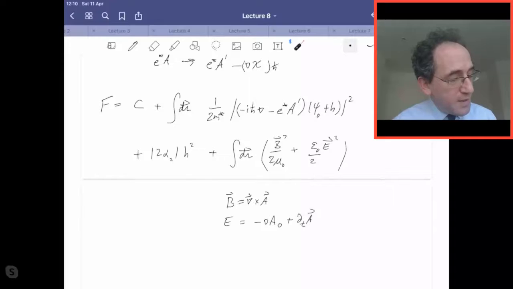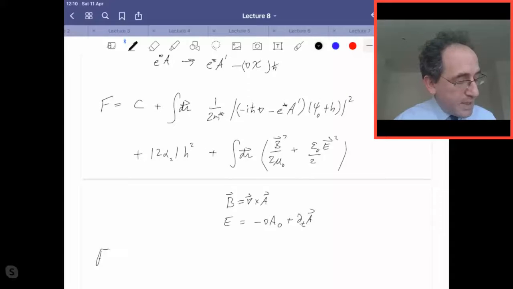We then get the free energy is constants, which we're not interested in, plus integral over space. There's h bar squared over 2m gradient of h squared.